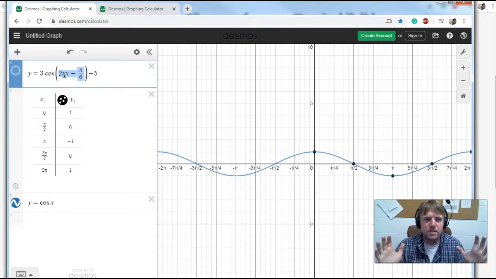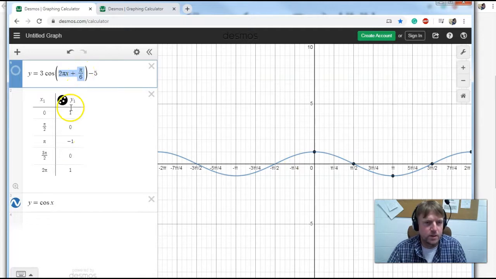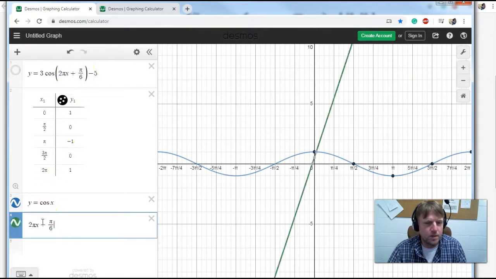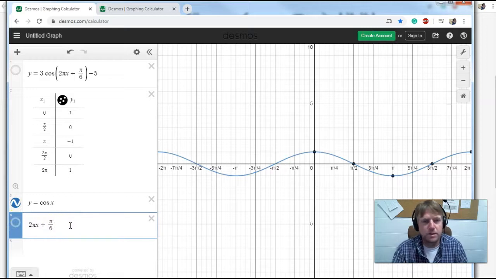So since the stuff in the parentheses is changing things horizontally, that's going to affect this initial point and this final point in a period. So what you can do is copy that, paste that. You don't need to see the graph of it, and you don't have to do it in Desmos. I'm just doing it in Desmos because that's what I have pulled up.